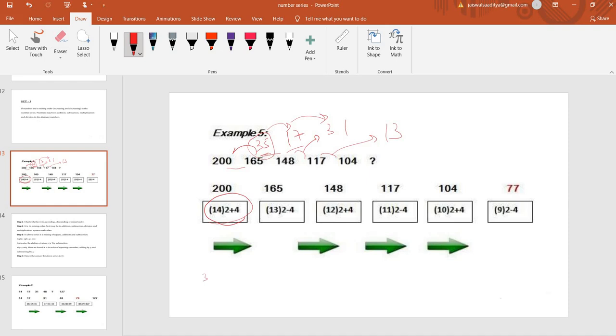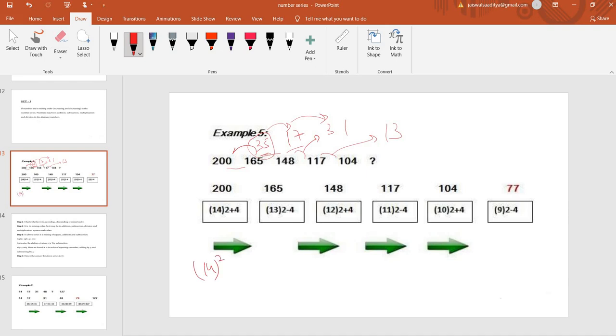See, what is 35? Okay, I think there's some mistake. So guys, see, it is not a multiplication, it is a square.